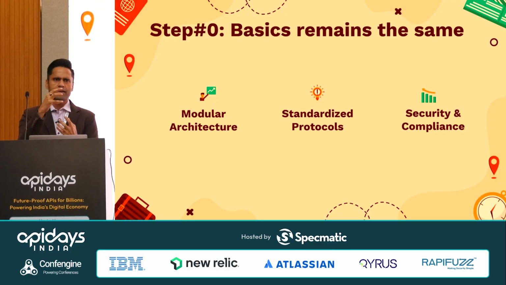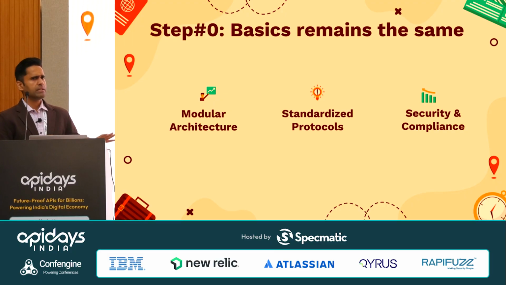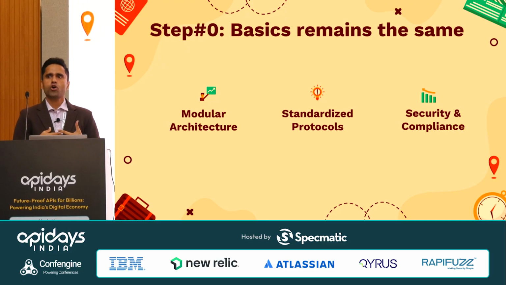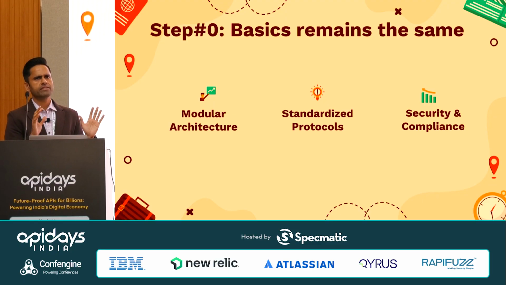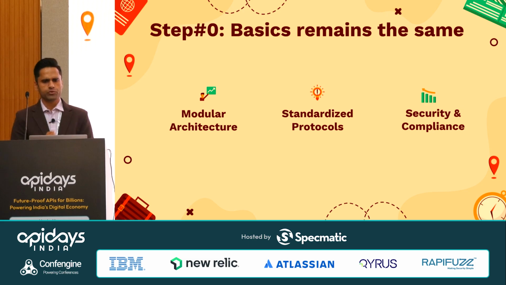You have to build adapters, you have to build wrappers on top of it. So that's number 2. Number 3, security and compliance. When we talk about travel shopping and booking, we are talking about PCI, GDPR, PII, and so on, right? How will you make everything work together? So these are your 3 core pillars, just like any other system in the world, and they apply to travel as well.